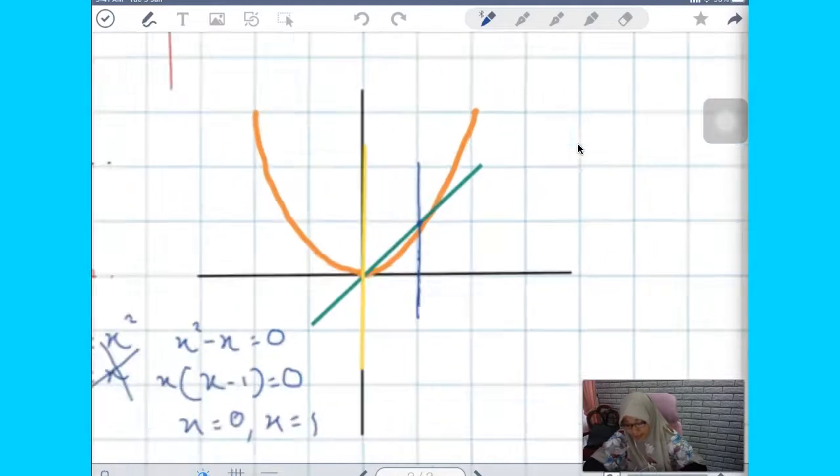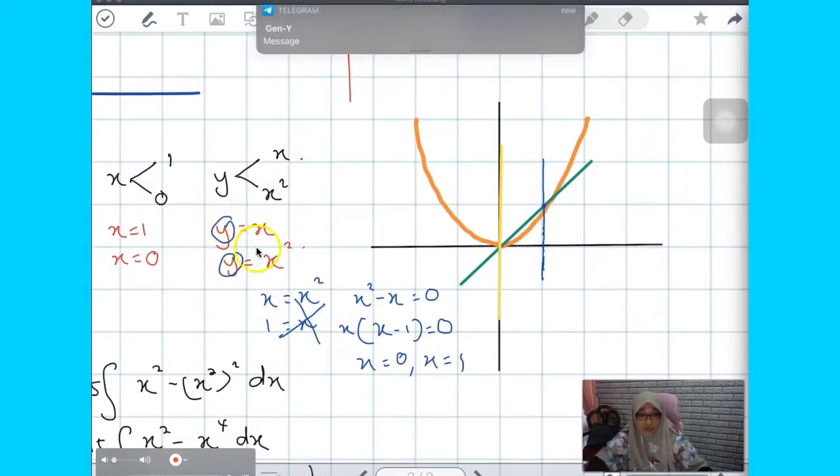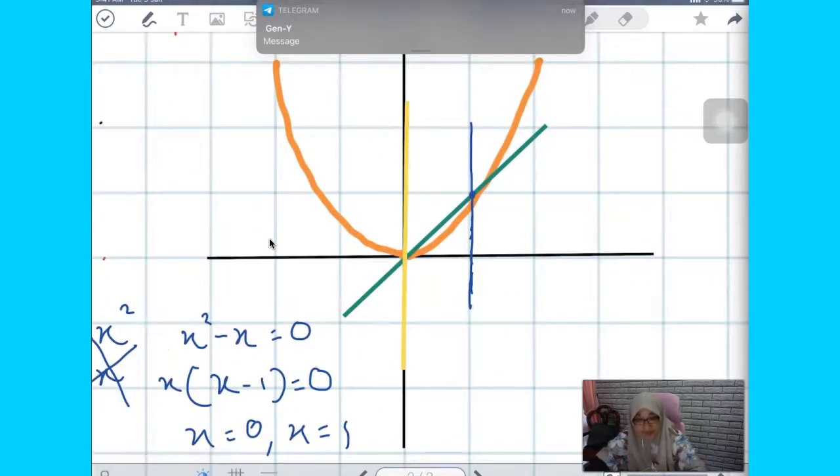So back to the information that we have, we should have a region bounded by the quadratic, the line y equal to x, the line x equal to 0, and the line x equal to 1. So which is the region covered by all these four lines? Have you got the answer?